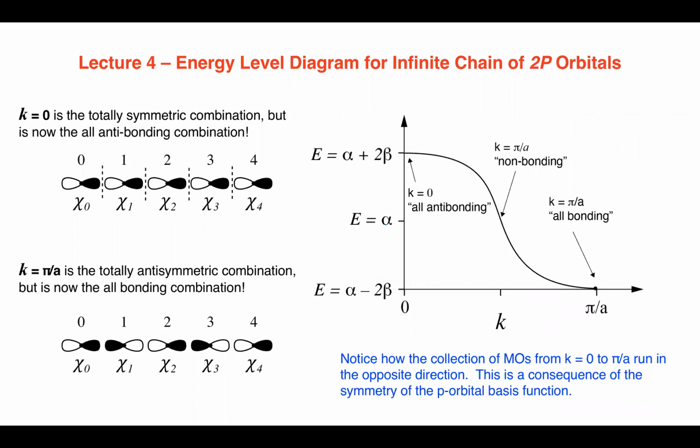If you do the same thing like we did before, now the k equals 0 solution is the all anti-bonding one. The pi over a solution is the all bonding one. And when you let this cosine function vary, you go from high energy to low energy as you go from 0 to pi over a.